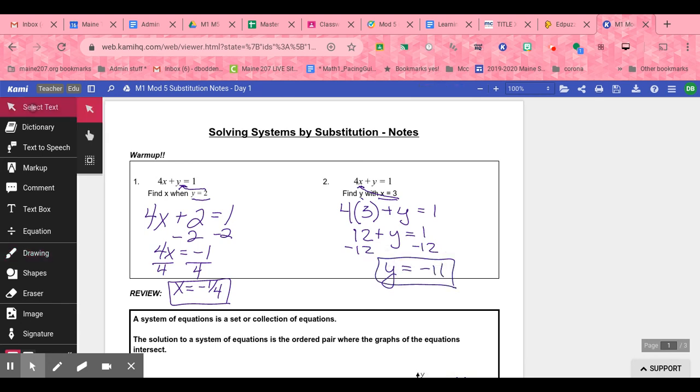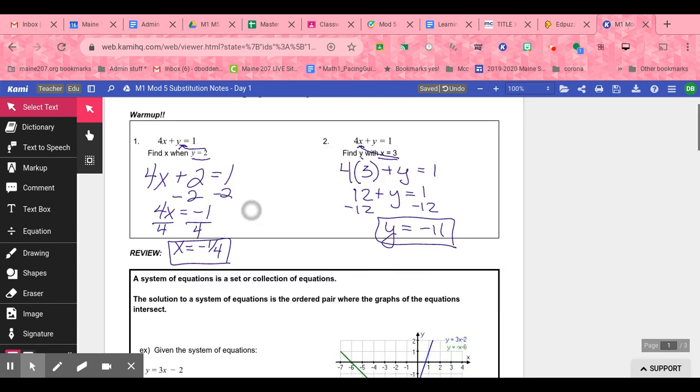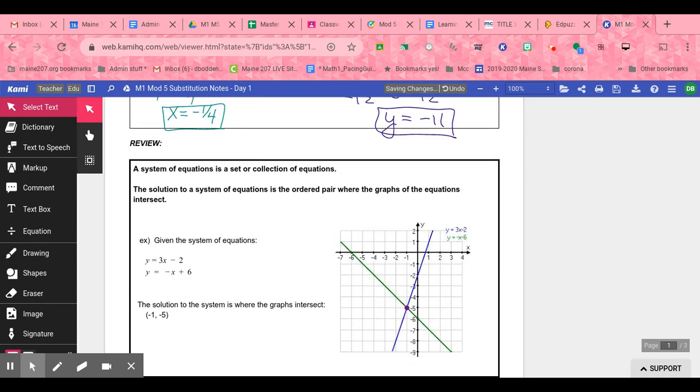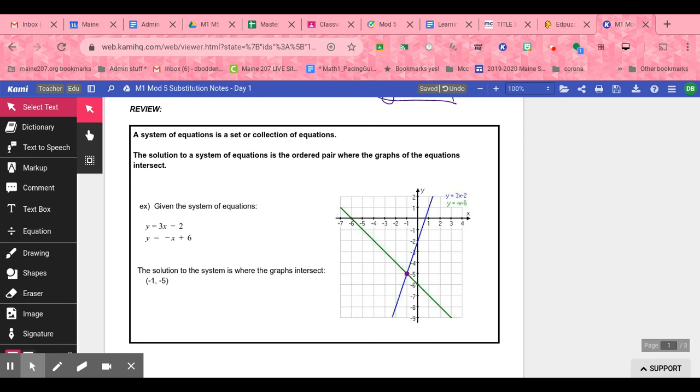All right. The next thing on your note sheet is just a little bit of a review showing us that in the past we have solved systems of equations by graphing. So remember, a system of equations is when you have 2 or more equations. All right, and each of these is conveniently set up in y equals mx plus b, or slope-intercept form.